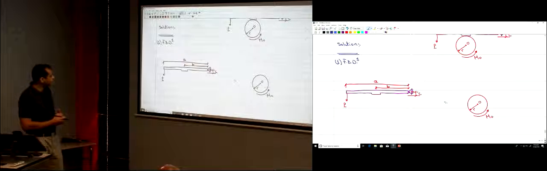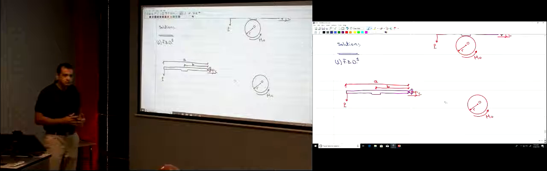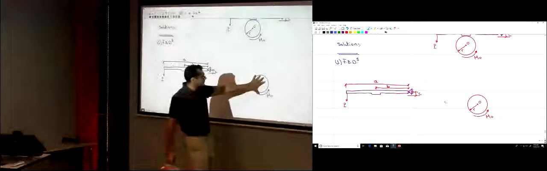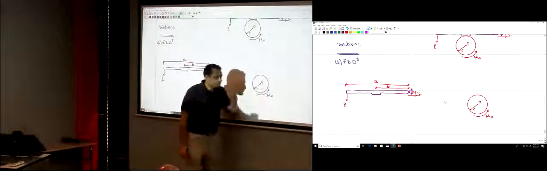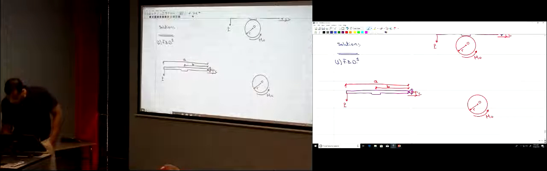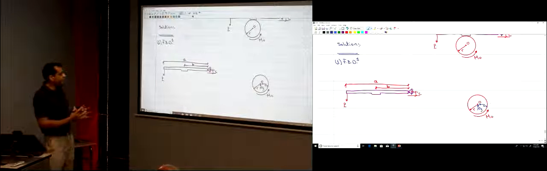So what is the free body diagram of each of them? I removed the pin; this wheel was interacting with what? With this pin, right? So there are two forces here. Let's call it point O, so O Y and O X. And then this wheel was interacting with this rod at this point, right?